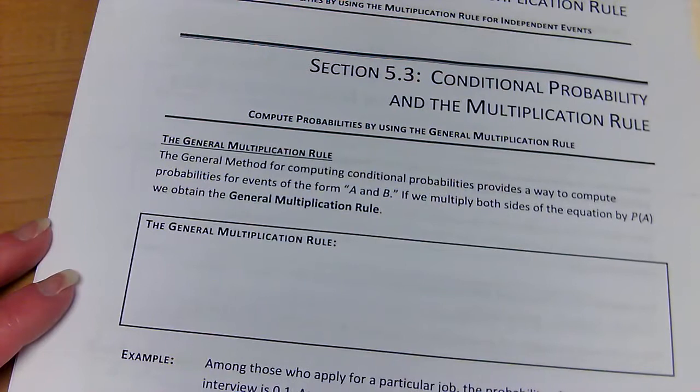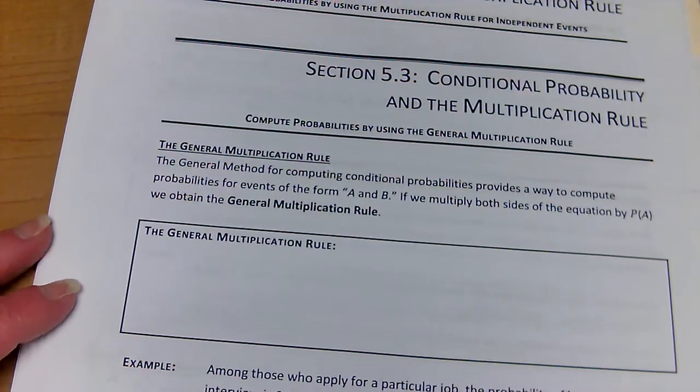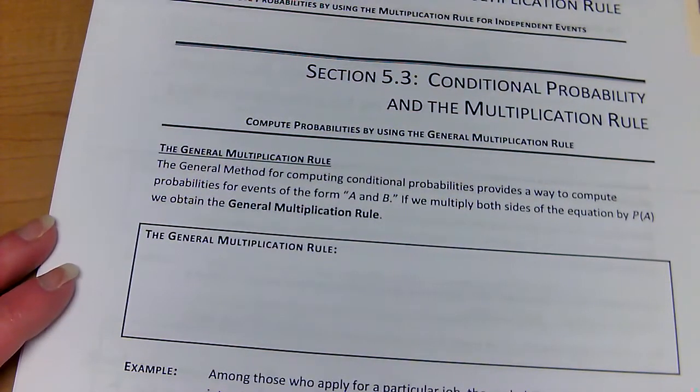Now, the general method for computing conditional probabilities provides a way to compute probabilities for events of the form A and B. So let's see how that works.